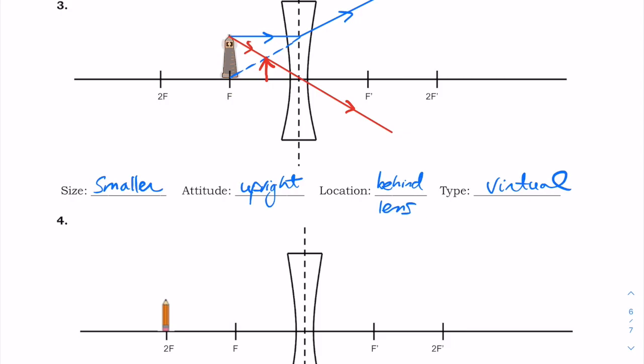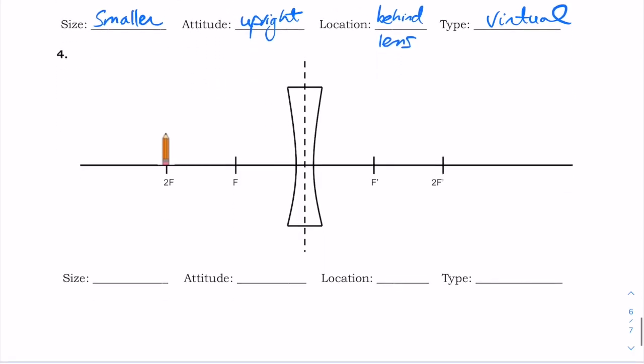Do you remember what happened in a converging lens when we placed the object at the focal point? In that case, the rays of light never crossed, they all came out parallel, but this isn't so with the diverging lens. And I believe this is our last one. Here the object is located at 2F. So pick any two of the three rays of light and let's see where they cross.